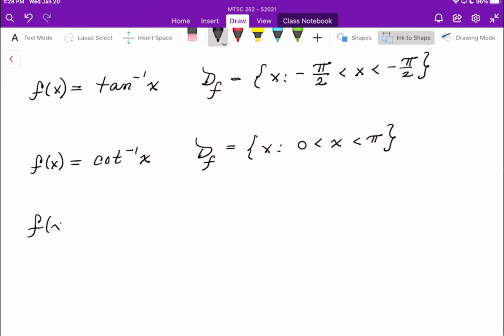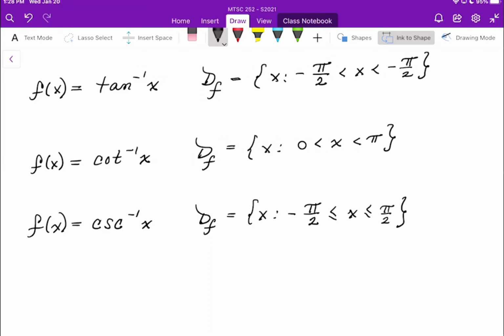Lastly, the last two are cosecant inverse. And this one is also minus pi over 2. And x cannot be 0.